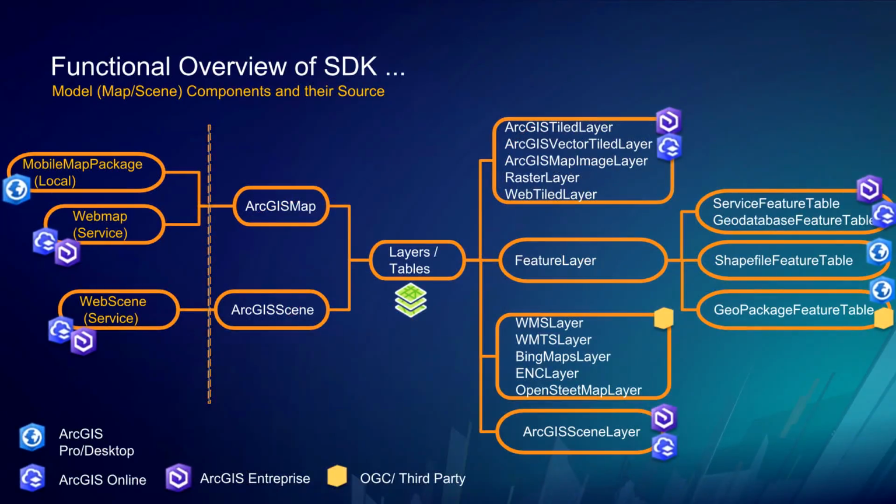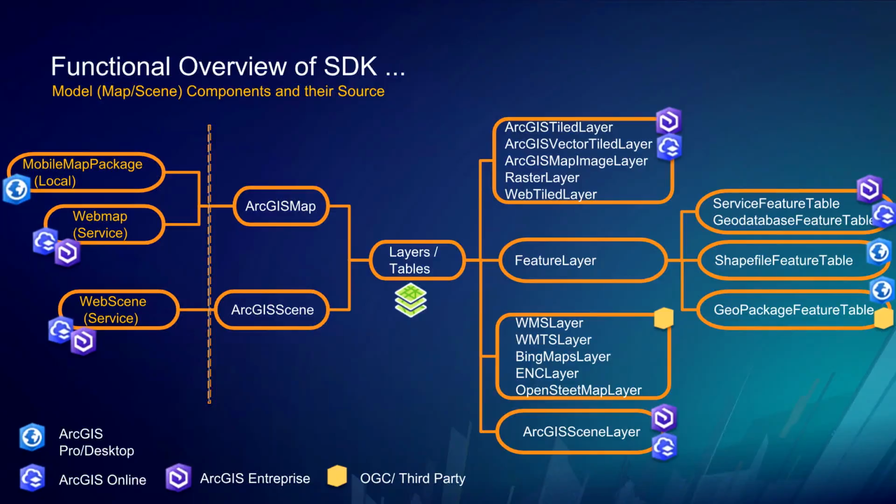These views require a model, a source of data. Those come from the map or scene, which are more like containers for the source of geographic data, which in turn comes from layers and tables and things like that. So this slide explains those components, where they come from and the source from which they come.